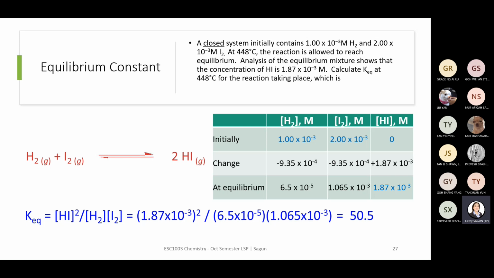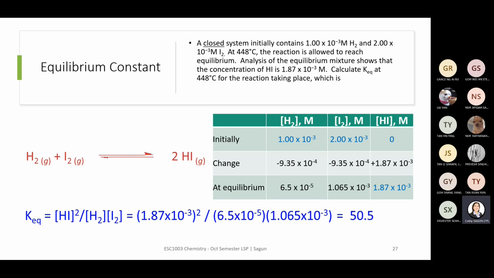So if my total here is 0 plus this, 1.87 times 10 to the minus 3, then what is missing here is the positive 1.87 times 10 to the minus 3. Correct? And then from my balanced equation, I have 2 moles of HI and H2 and I2 at 1, 1. So I can just divide this value by 2.